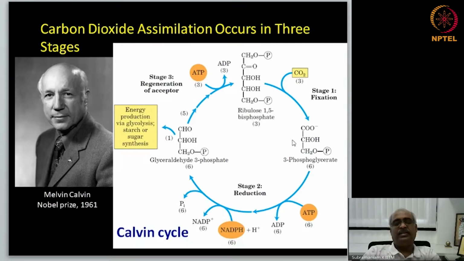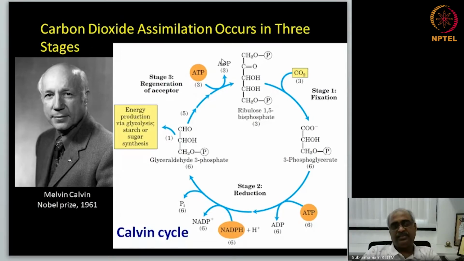So you end up getting 6 3-phosphoglycerate, and after reduction 6 glyceraldehyde 3-phosphate. Out of the 6, 1 is the net gain, balancing the 3 carbons that entered in the form of carbon dioxide. And the other 5 are converted into 3 five-carbon sugars, this Ribulose 1,5-bisphosphate, that is the entry.